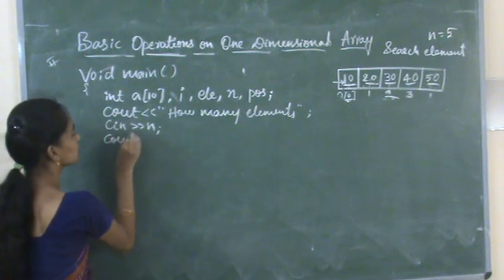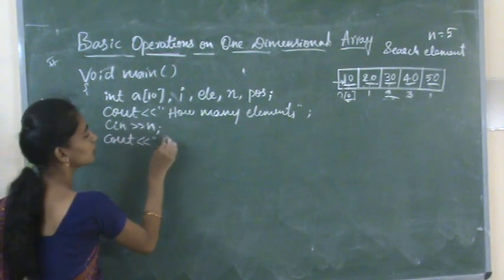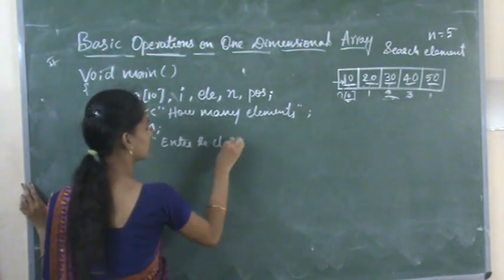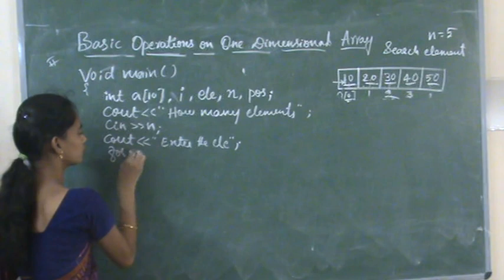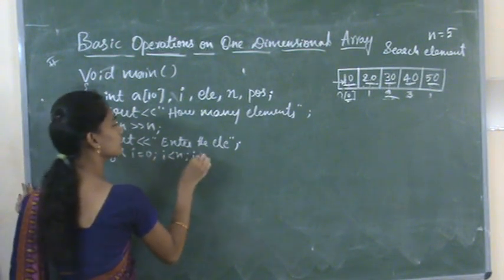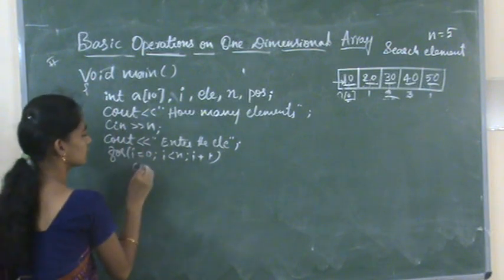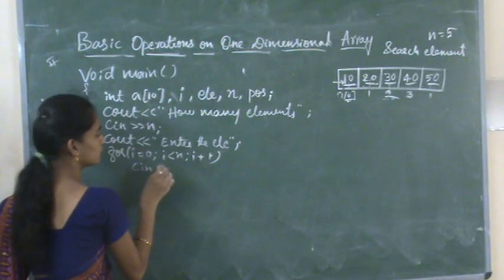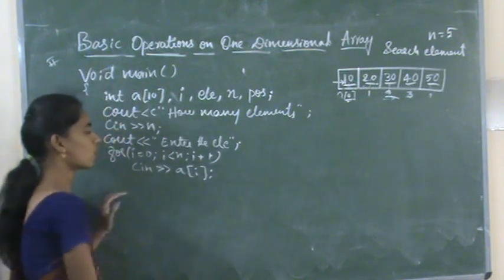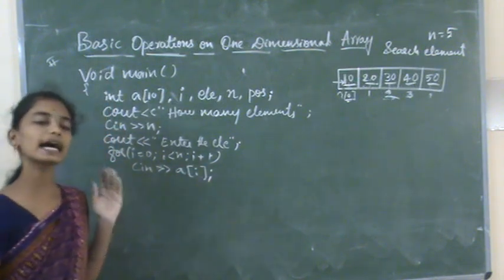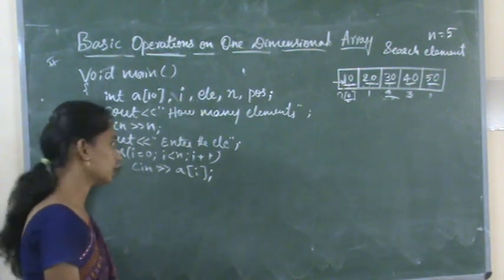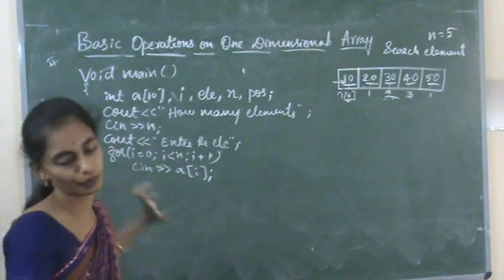Then cout, enter the elements, for I is equal to 0, I less than n, I plus plus, cin A of I. This is the common step for inserting array elements. We know this, right? To read array elements. So this is the common step.